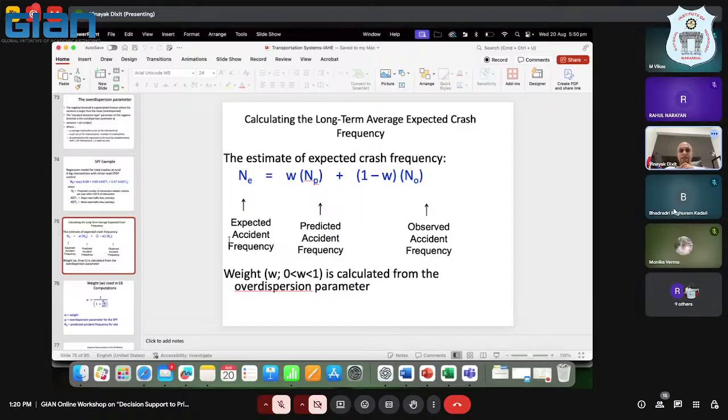You might have observed a certain accident frequency in that particular year, or in the last 3 years, but you need to correct it based on the predicted, and that's what the expected accident frequency is telling you. Does that make sense, what I'm talking about?